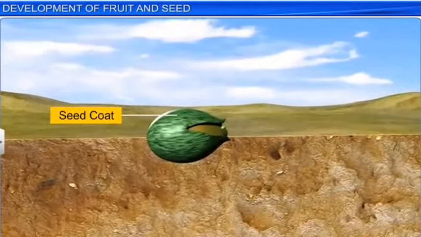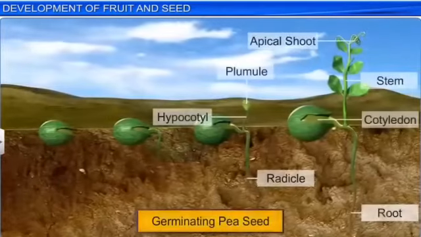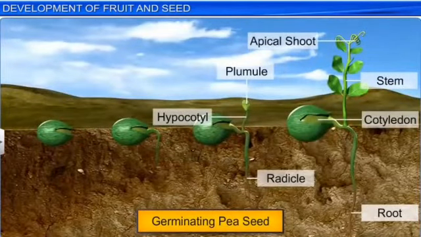And if the seed falls off, the outer seed coat ultimately bursts out, mainly owing to nature, giving rise to the root and the shoot, which gives rise to the proper structure of the entire plant.